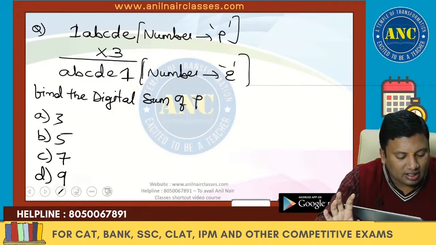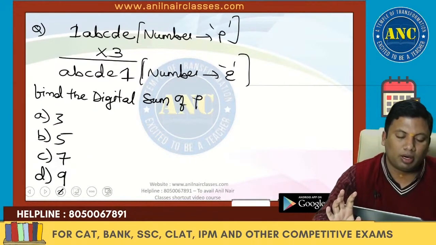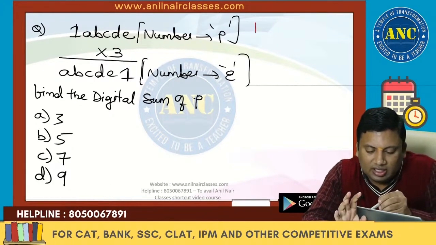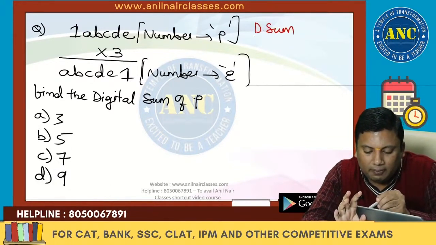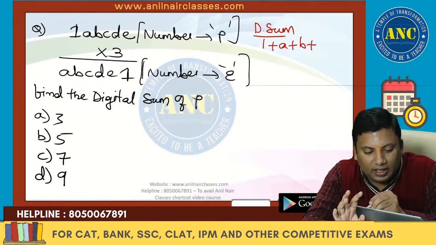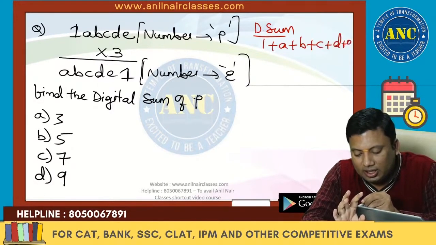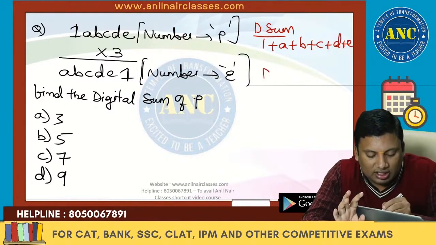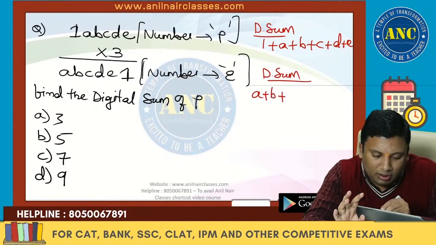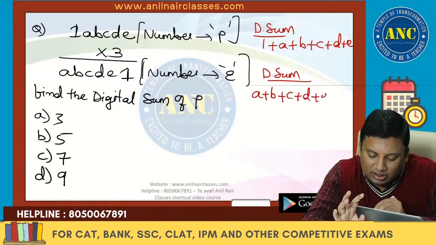Listen carefully. One beautiful way to solve this problem is to ask what the digital sum of these numbers is. Digital sum is nothing but 1 plus A plus B plus C plus D plus E. What is the digital sum of the other number? This is nothing but A plus B plus C plus D plus E plus 1.